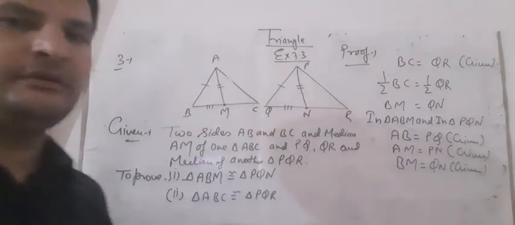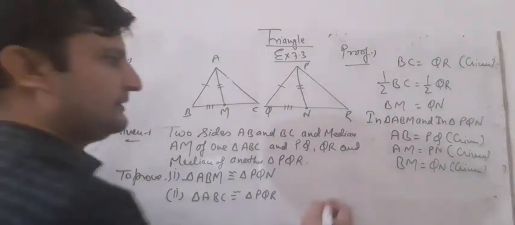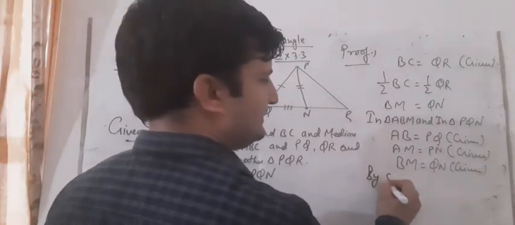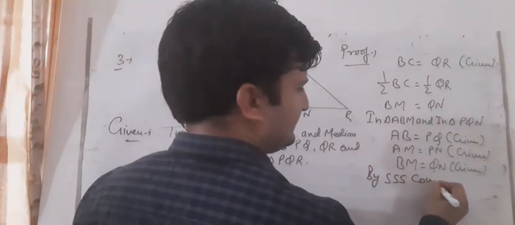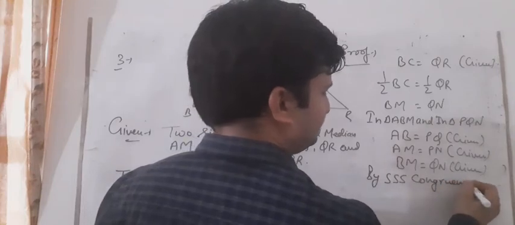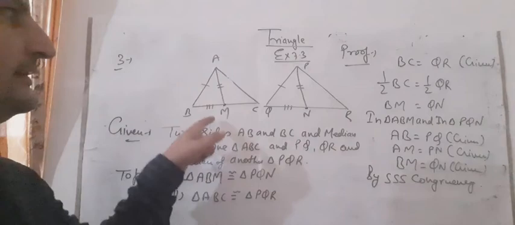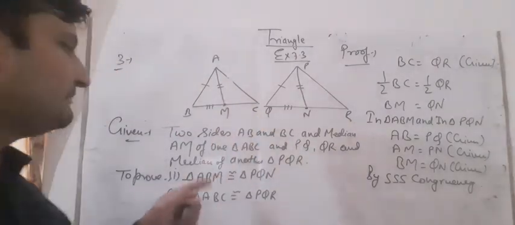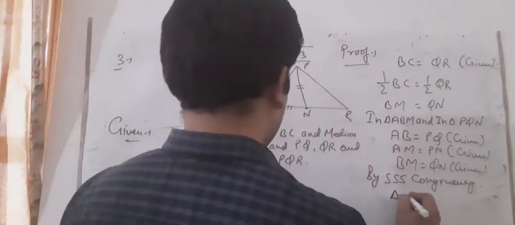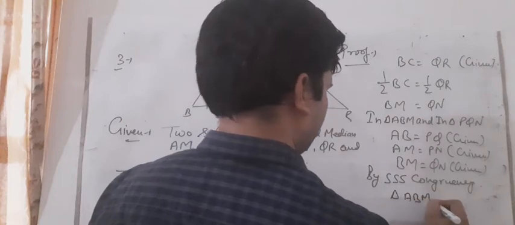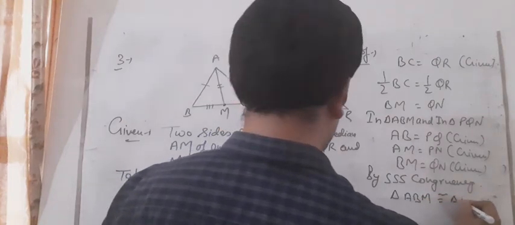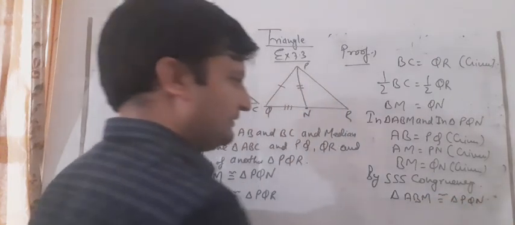By which congruency? By SSS congruency, because side, side and side. So triangle ABM is congruent to triangle PQN.